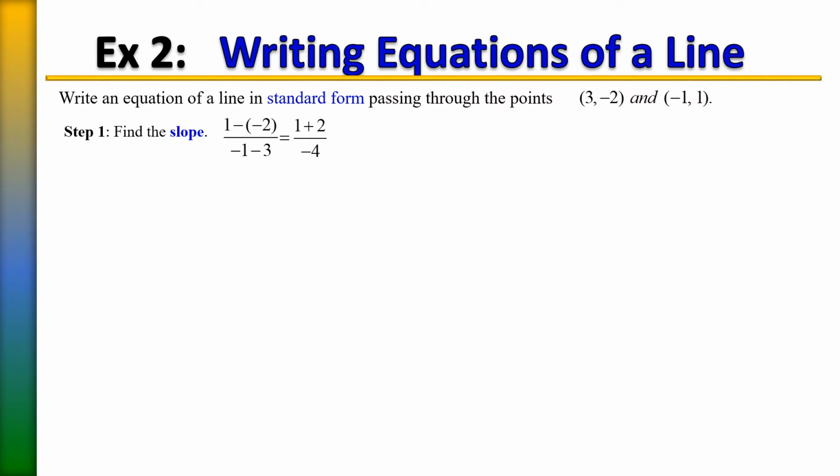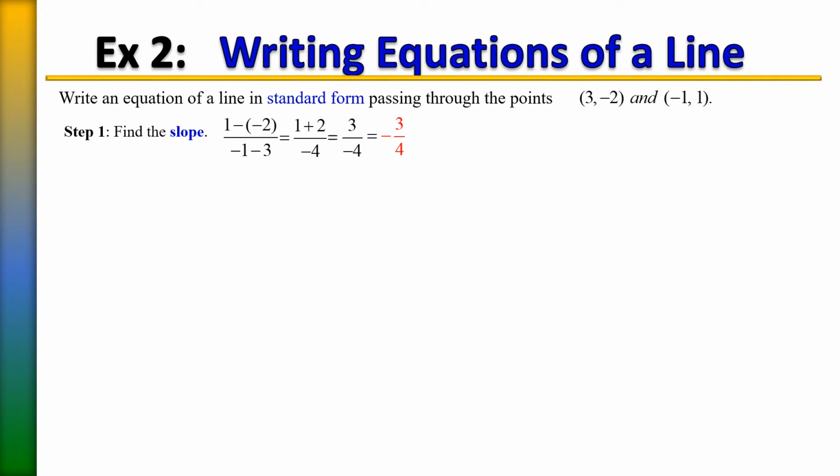So that's going to give us a slope of 3 over negative 4. And anytime the top or the bottom is negative, it makes the whole thing a negative, because a positive divided by a negative equals a negative. So we have a slope of negative 3/4.